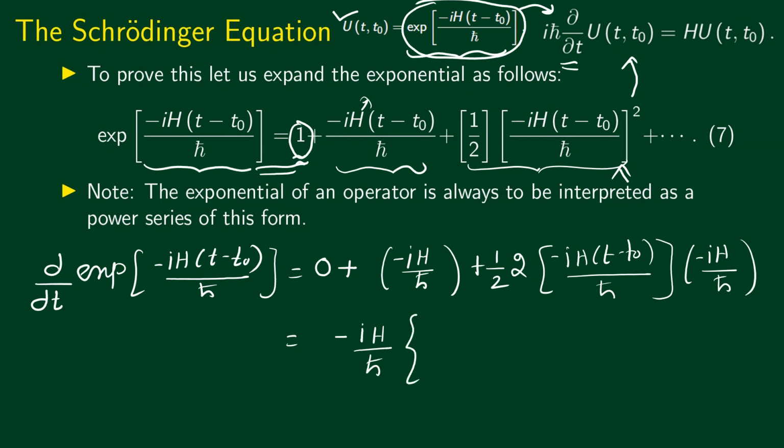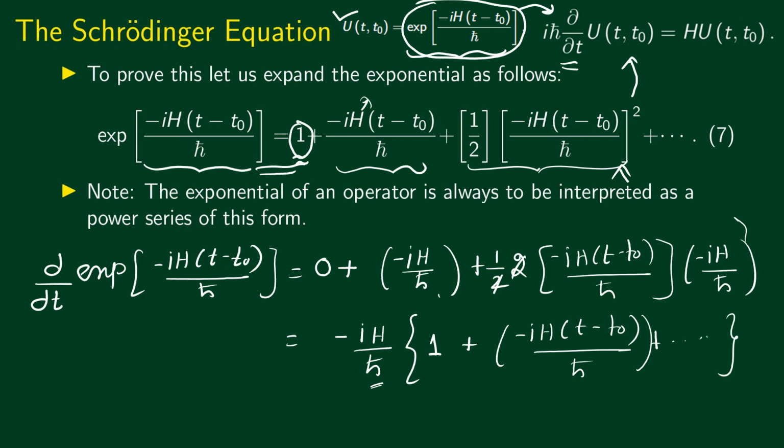What we are left with is an identity operator plus, as the 2 and the 1/2 cancel, 1 plus minus iH(t − t0) divided by ħ. And of course, there are the higher order terms which we have not included here.